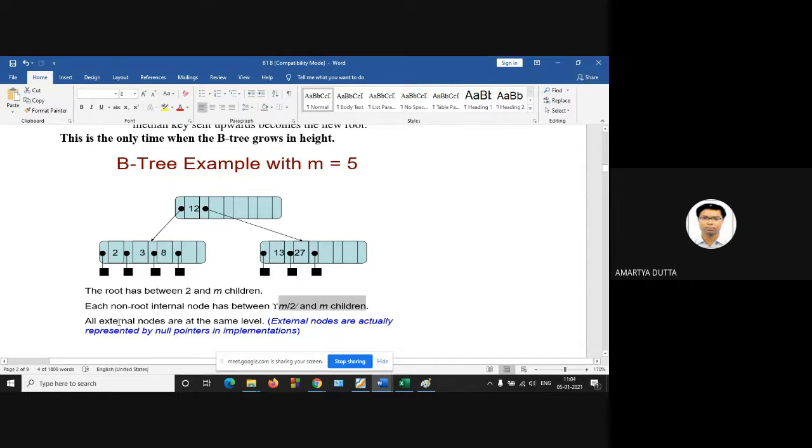All external nodes are at the same level, and they are represented by null pointers in implementation. In your C or C++ implementation, these will be null pointers.